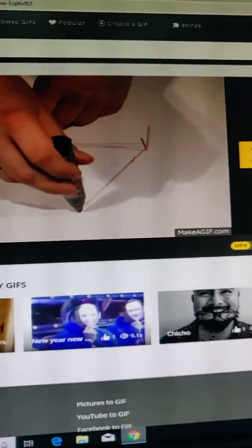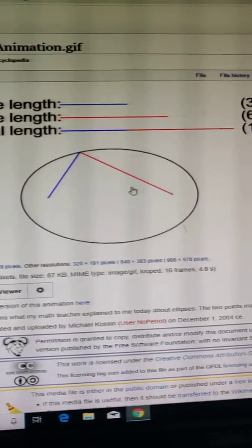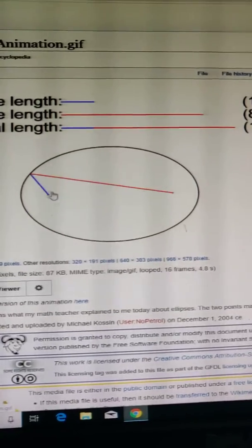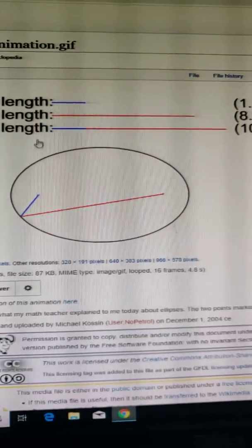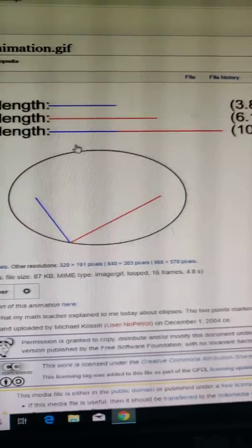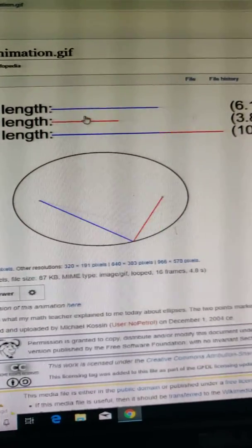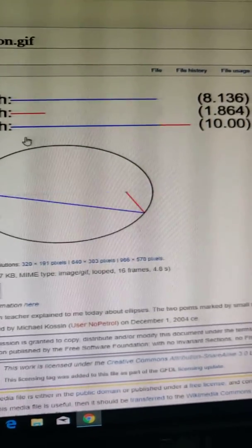And there's one more interesting fact about it. As you can see over here, the length of the blue and the length of the red, if I add them up, I actually get the same total length. I'll show you the formula soon. The length of the blue plus the length of the red will always be equal.